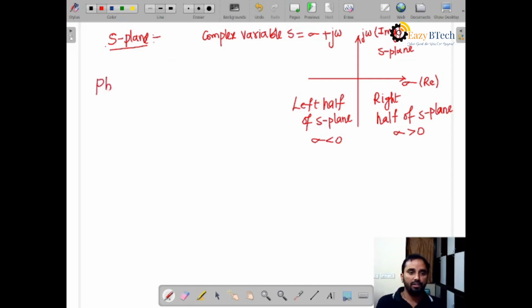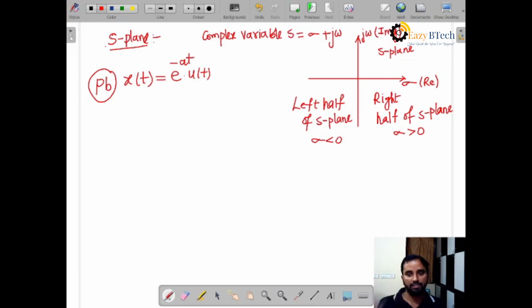Find the Laplace transform of the given signal x of t equal to e to the power minus a t, u of t, and find its ROC. Whenever you are doing Laplace transform, ROC also we have to find. First the ROC, then we get the Laplace transform result.